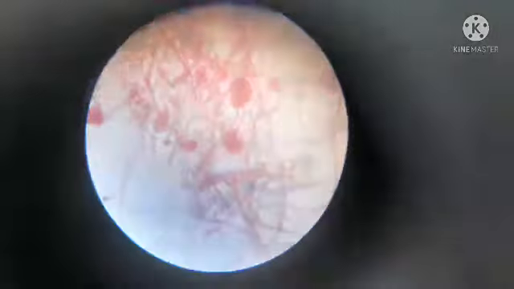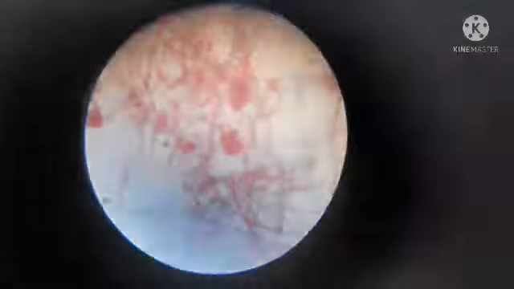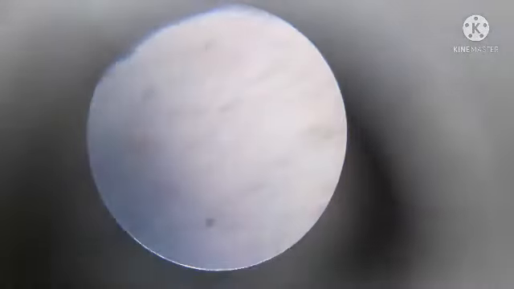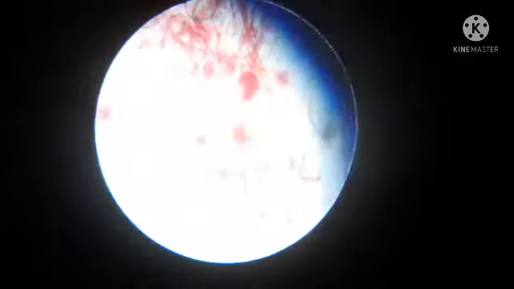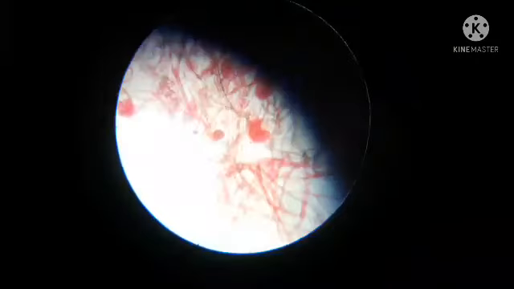I am not able to make it stand. Just a minute. Yes, can you see, children? See how it looks. You already learned about the fungus, and we know that fungi are saprophytes. They take their nutrition from dead bodies or decaying organic matter.